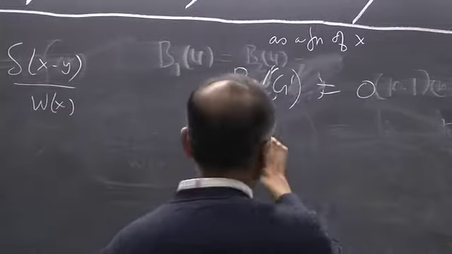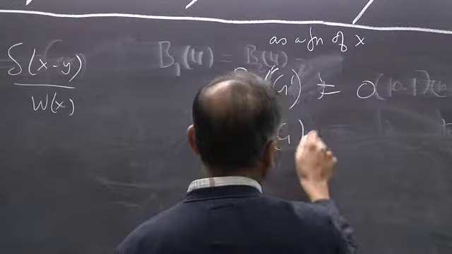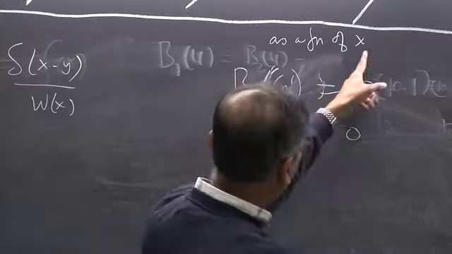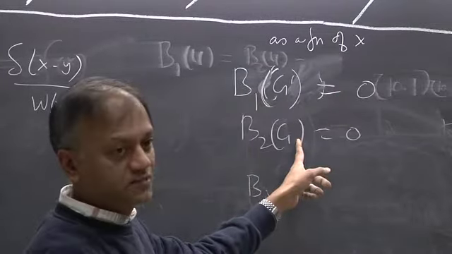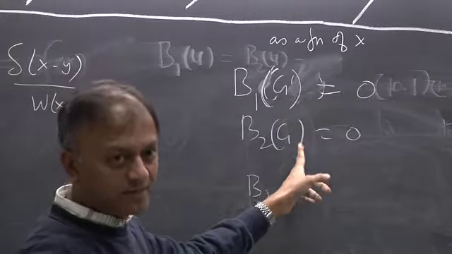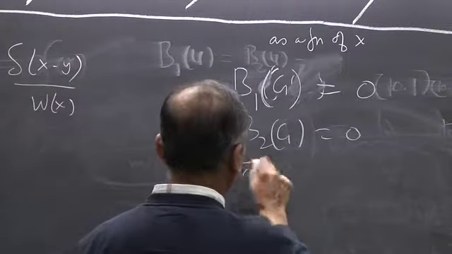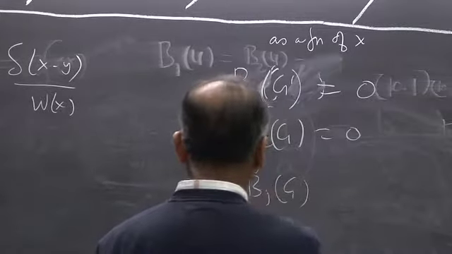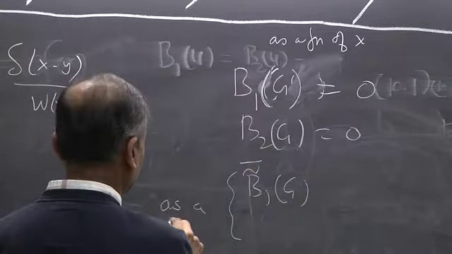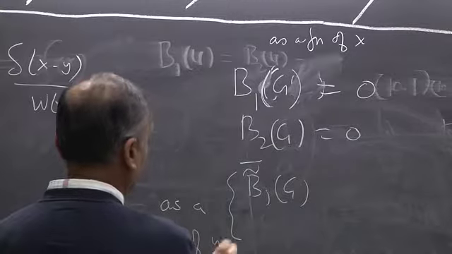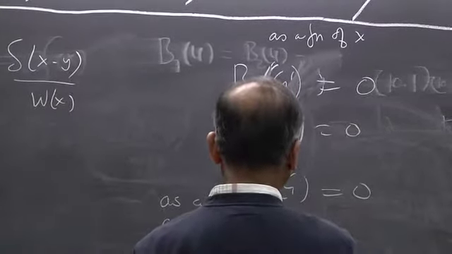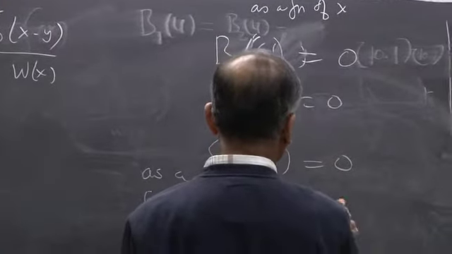It's a homogeneous boundary condition. B2 G equal to 0. And with respect to the second argument, y, it should satisfy the adjoint boundary conditions, right? So B1 tilde bar G equal to 0 and B2 tilde bar G equal to 0, as a function of y.